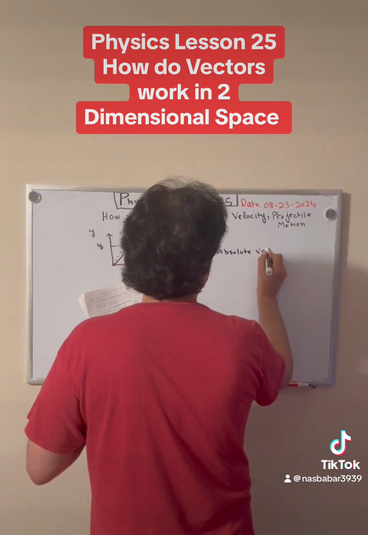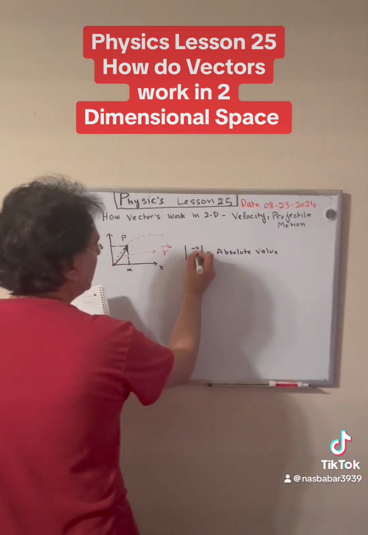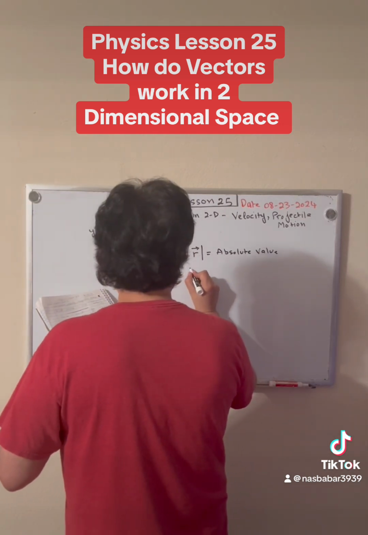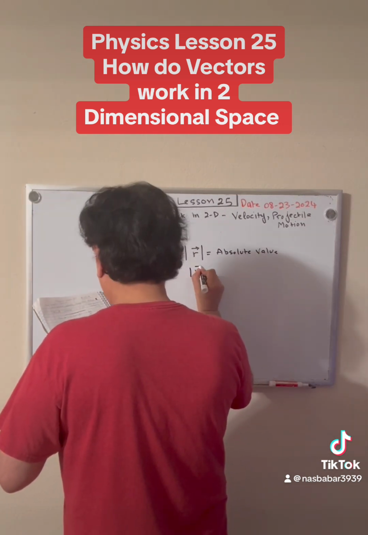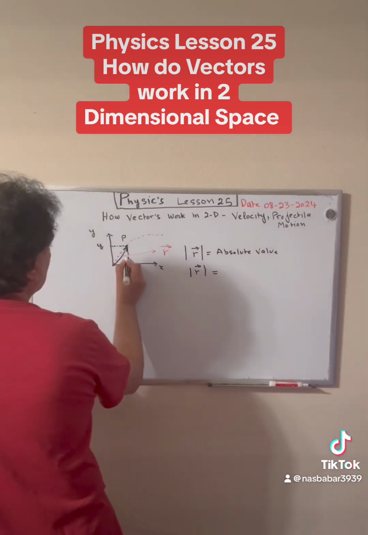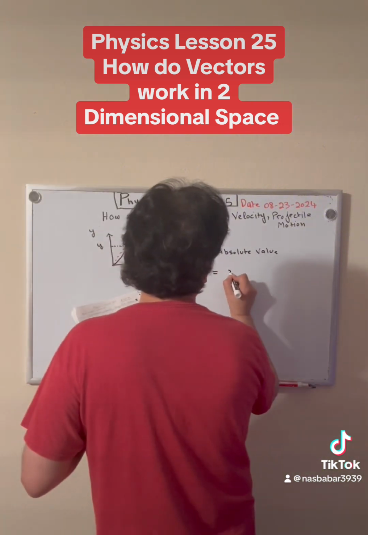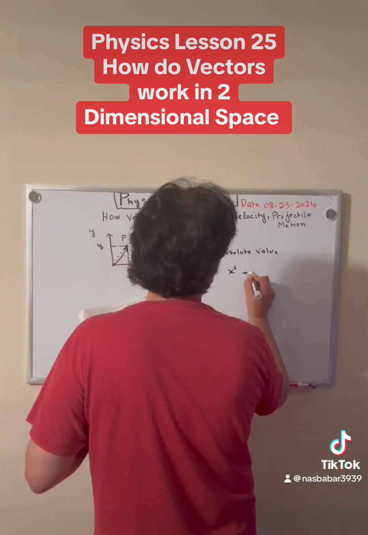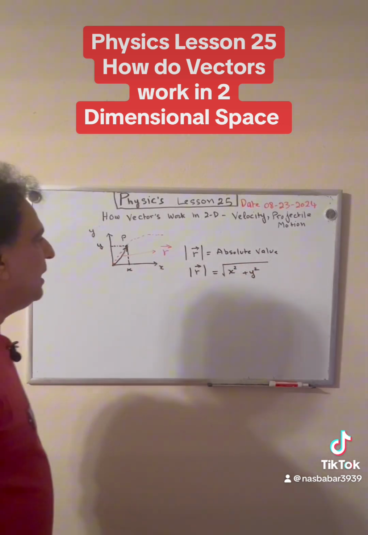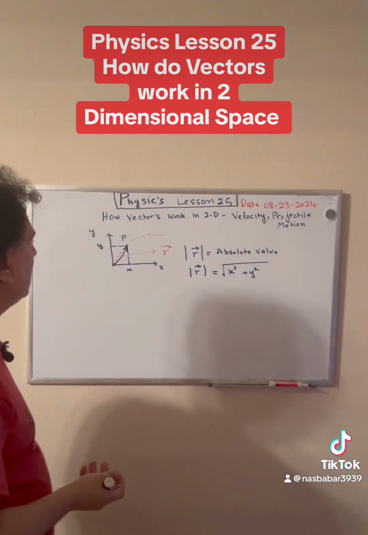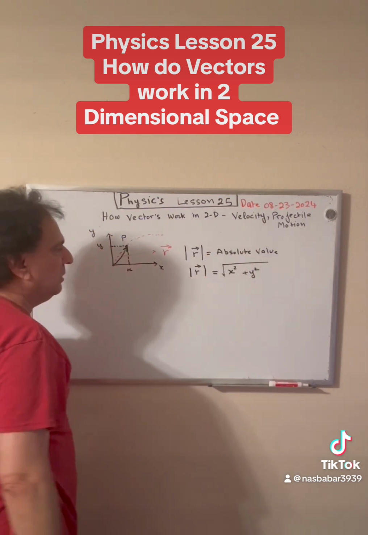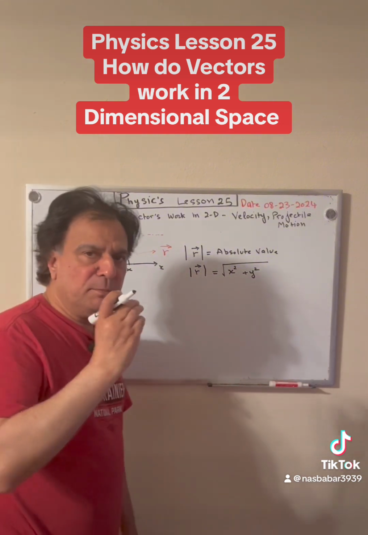These two bars indicate absolute value. So we have the absolute value of R equals the square root of x squared plus y squared. That's my resultant vector at this position, R vector going in this direction. This is just the magnitude.